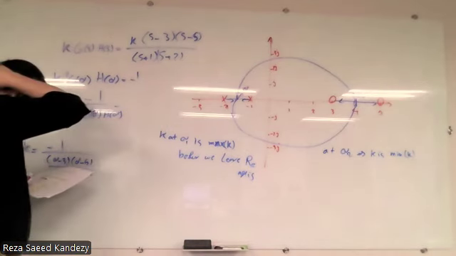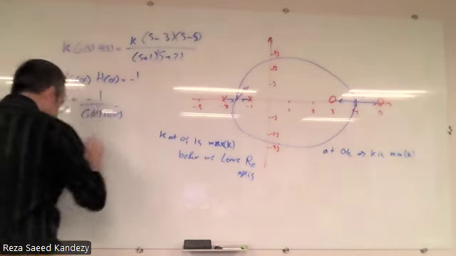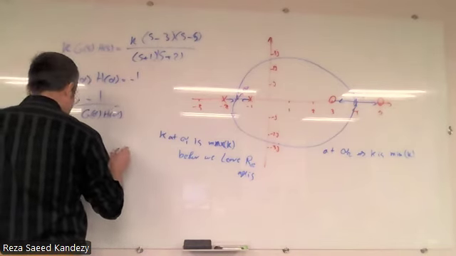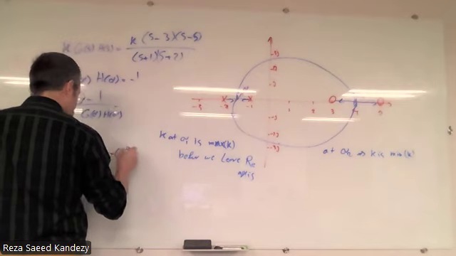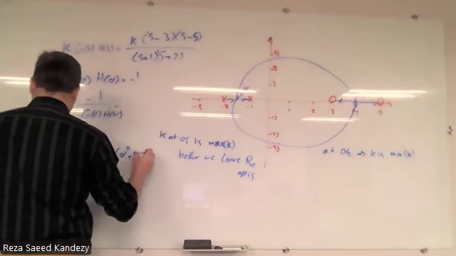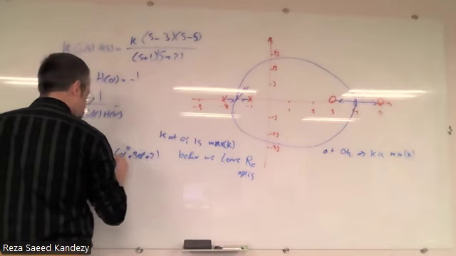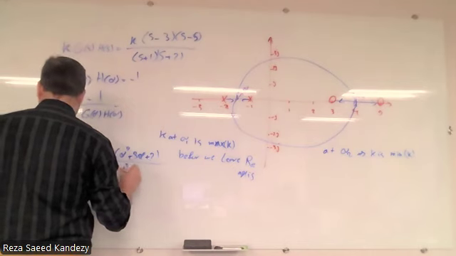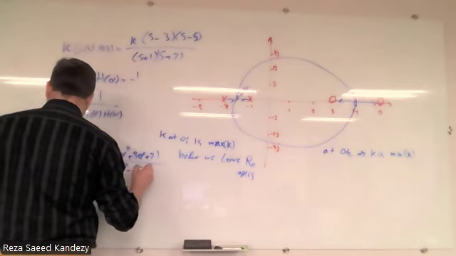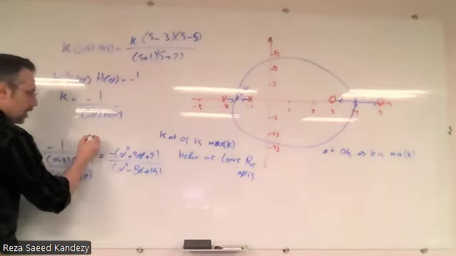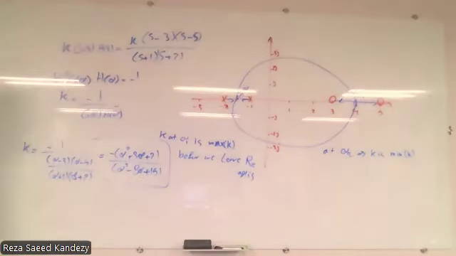Basically, if you run the calculation, it's going to be minus (delta squared plus 3 delta plus 2) over (delta squared minus 8 delta plus 15). So this is going to be the function that describes my K based on those poles.